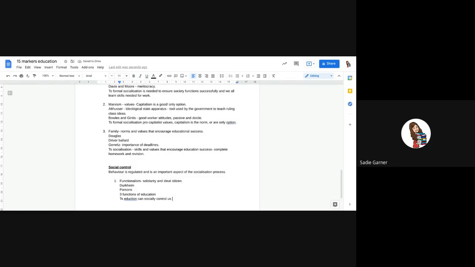So this shows education can socially control us, and this ensures society functions, as we have social solidarity, value consensus, and ideal citizens.